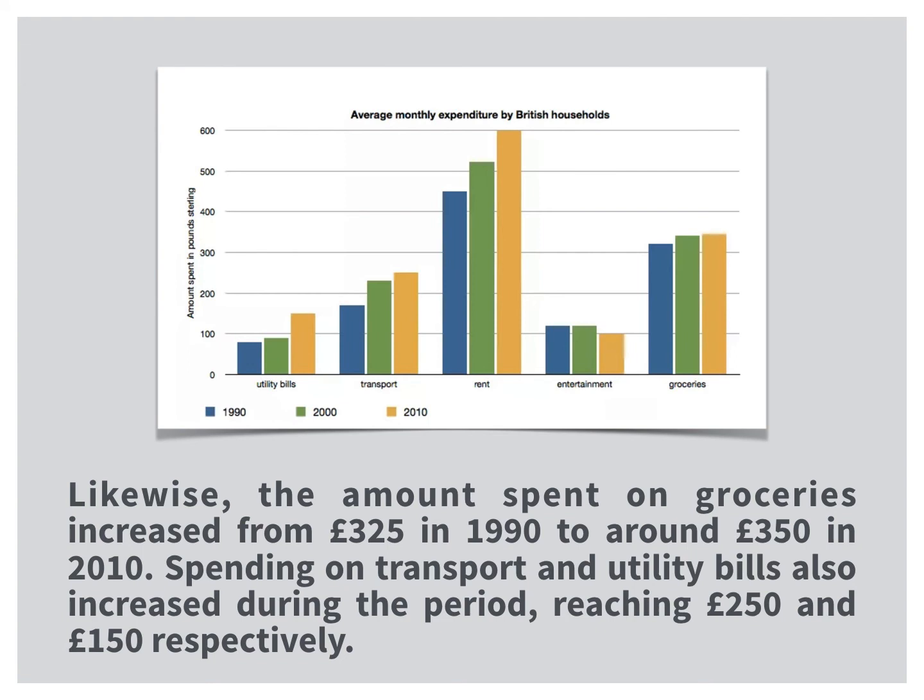Now the important thing to notice here, because we're presenting the same information, but we're presenting it differently. In the first paragraph, when our trend was rent was the highest expense, we were saying that rent and groceries were different because rent was high and groceries were much lower.